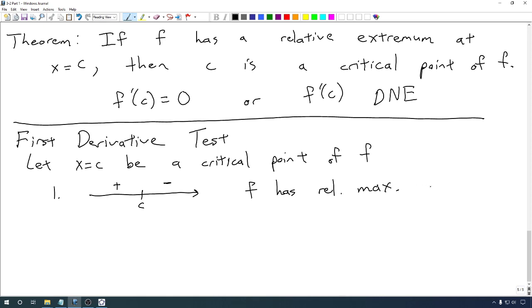So for this situation, we have a relative max at c. If we switch it around and go from decreasing to increasing, then f has a relative min.